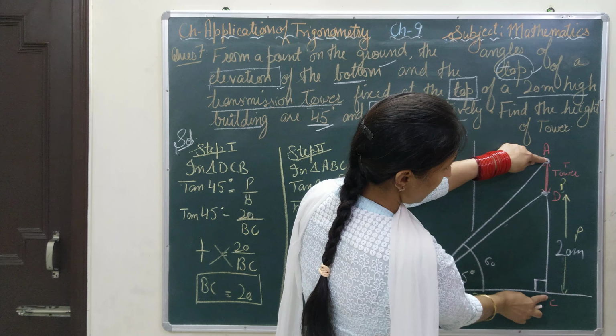Height of tower is equal to AD, which I will get by subtracting AC minus DC. What is AC? It is 20 root 3. What is DC? It is 20. From both of these we can take 20 common and it will be 20(root 3 minus 1) in meters, because your question is in meters.